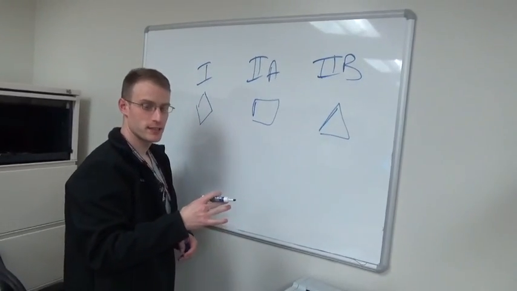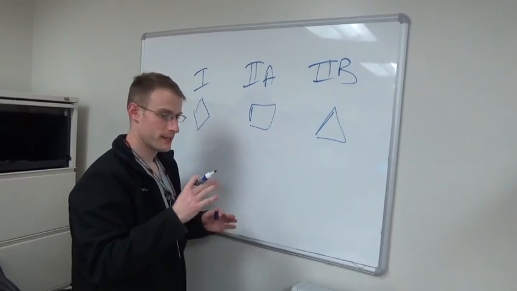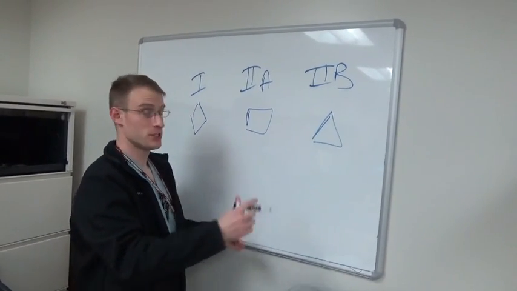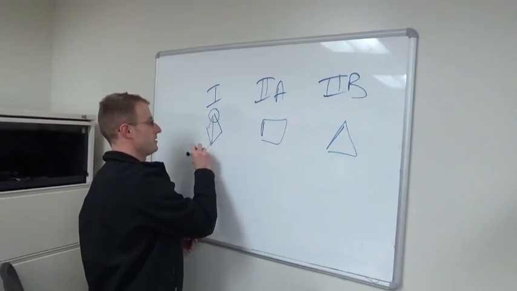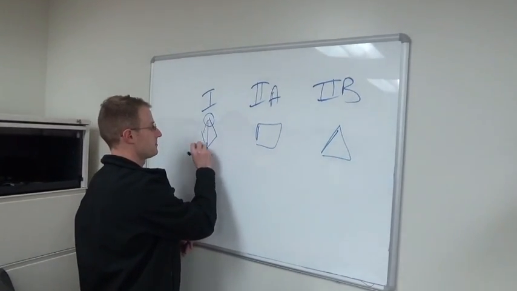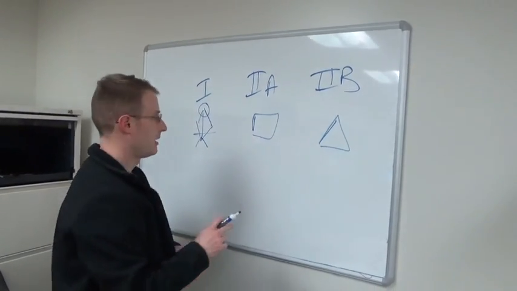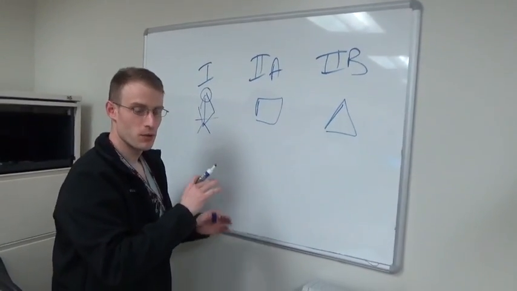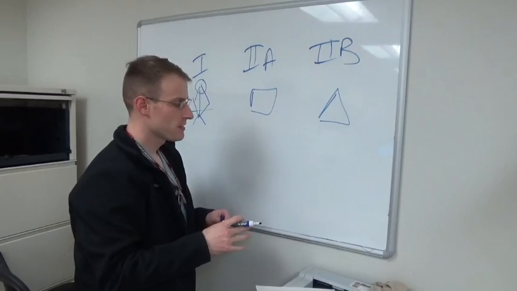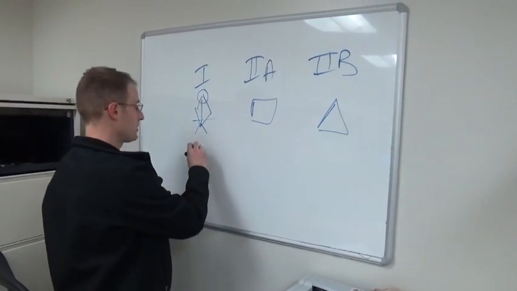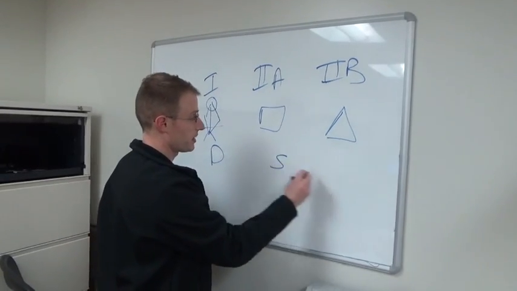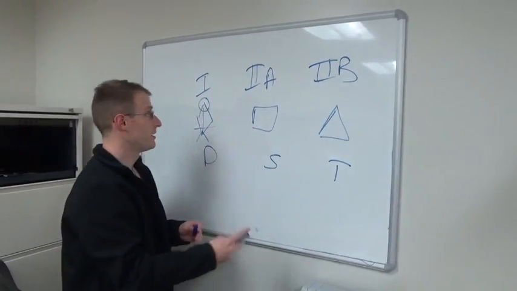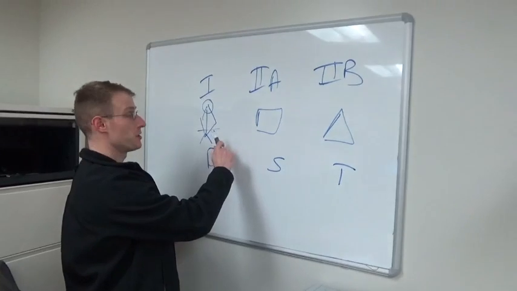And this correlates to the location of the disease processes in each patient, as if this was a little guy, his head and his body. If you're trying to remember the order of the figures, just remember it's alphabetical by the first letter. So diamond, square, triangle. Anyhow, so let's just recall really quick.